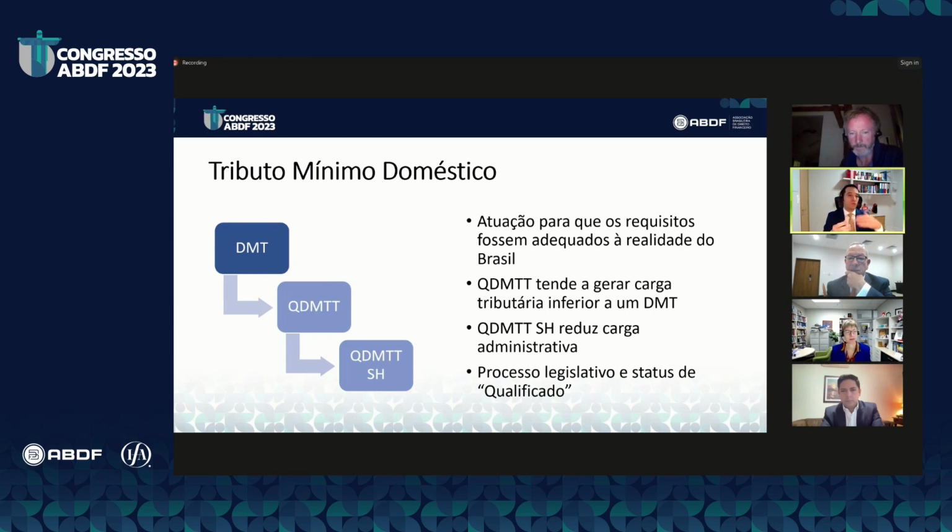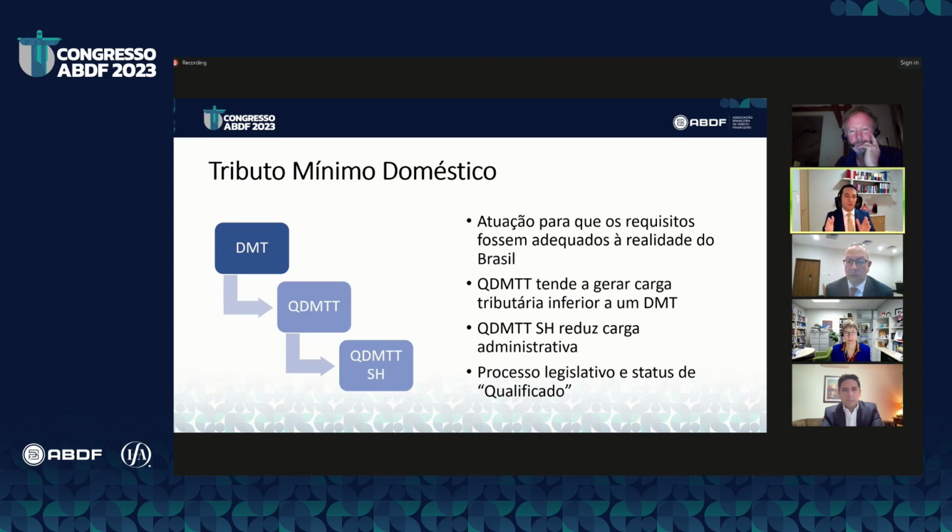Isso especialmente, como o John mostrou na fórmula de cálculo do top-up tax, pela posição do QDMTT, que reflete ali no final do cálculo do top-up tax, e também pela presença dentro do QDMTT do SBI, Substance Based Income Exclusion.